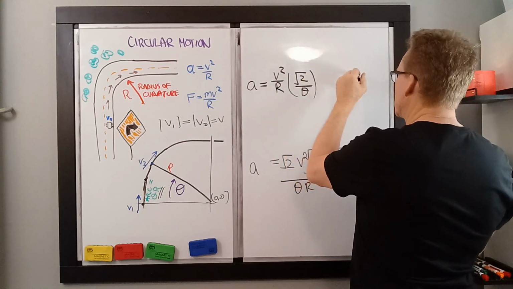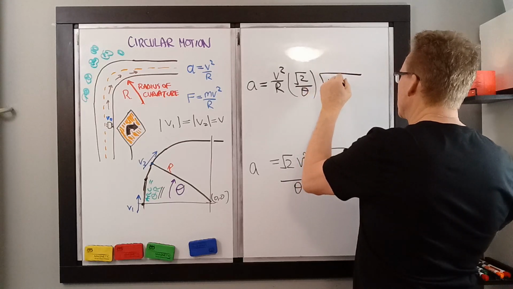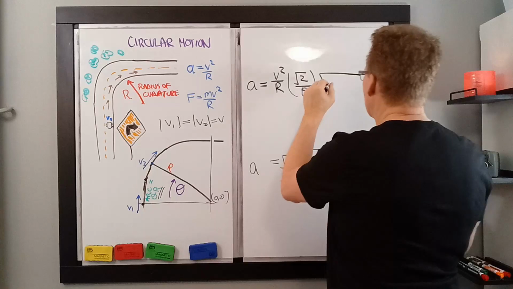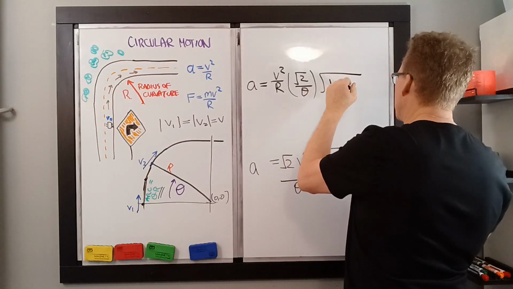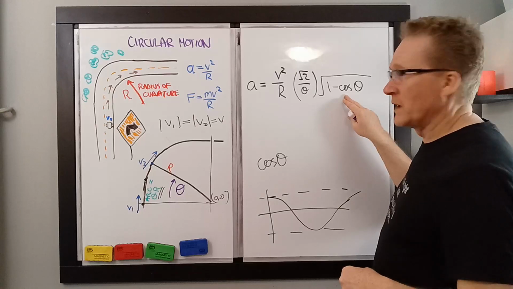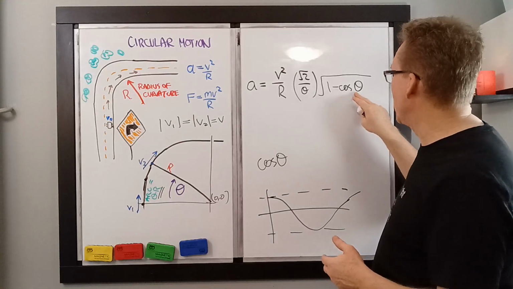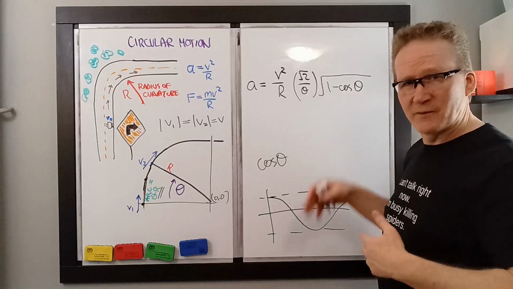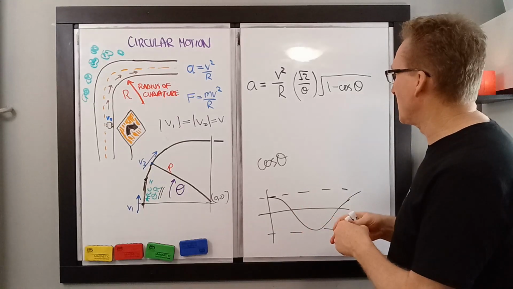And then the square root of 1 minus cos theta. I'll erase this. So now we have this over here, 1 minus cos theta. We'd like to be able to get this cos theta sort of out of there because that doesn't really help us with what we're trying to do.